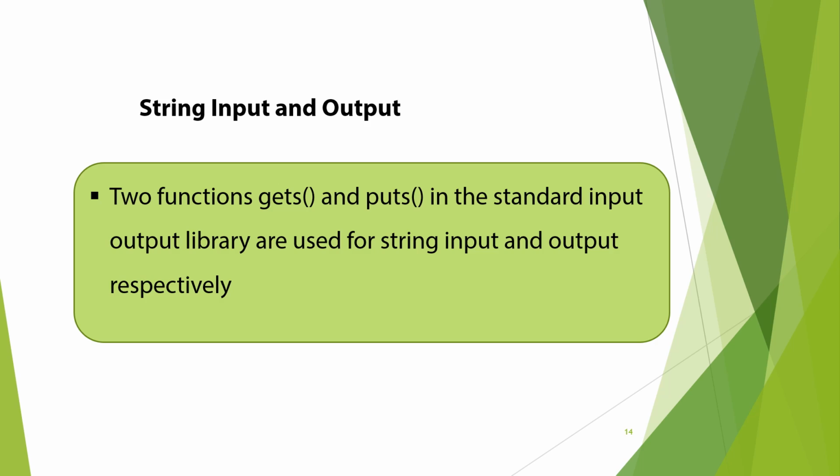That means reading a string from the standard input device and displaying the string on the standard output device, and those two functions are gets and puts. Both of these functions are in the standard input output library and are used for input and output of the string respectively.